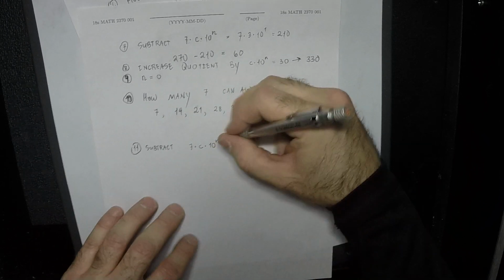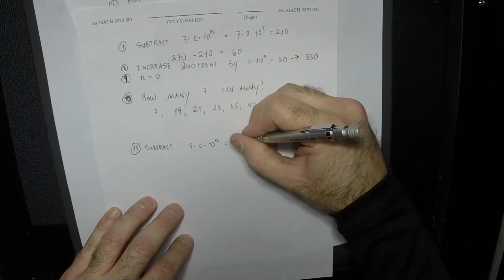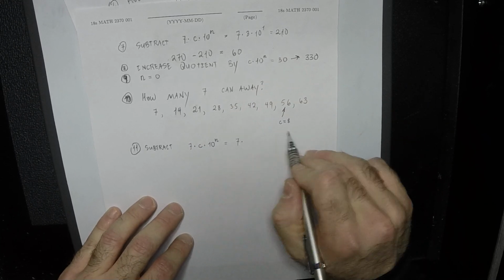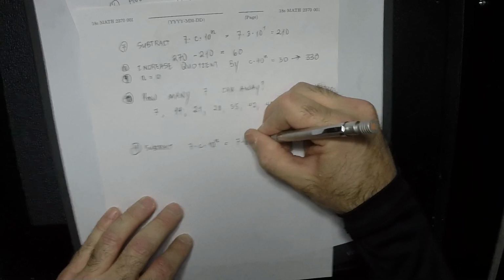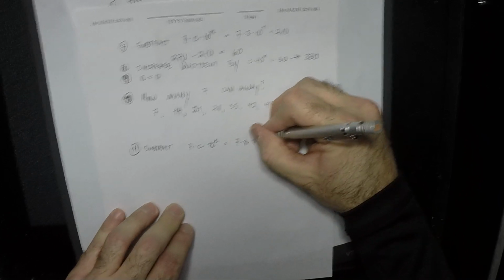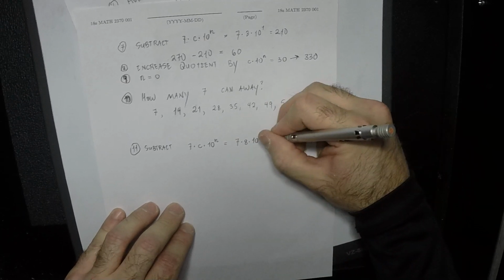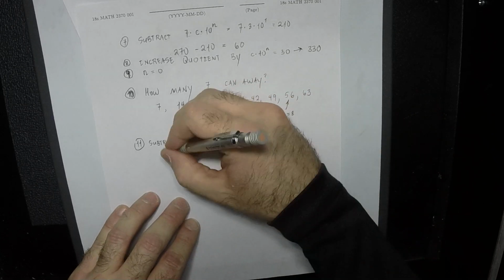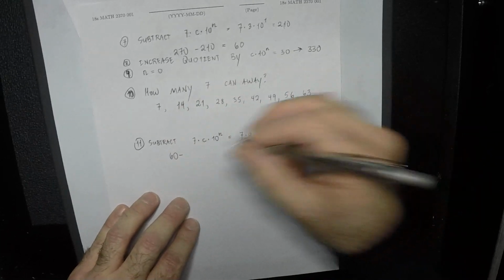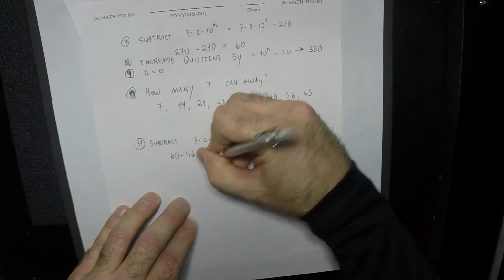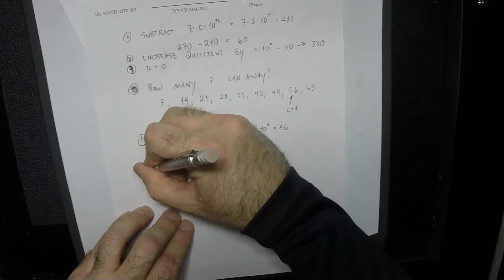So at the present time, this will be 7 multiplied by 8, and then multiplied by 10 to the n. What's the current value of n? It's 0, and 10 to 0 is 1, so that's 56. We make this subtraction. 60 minus 56 is 4, and now we can make our answer.